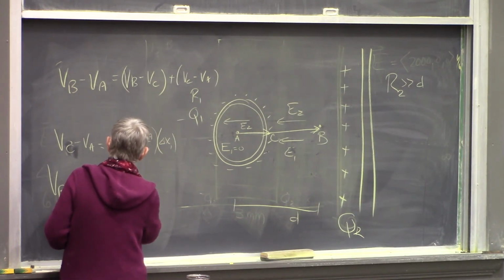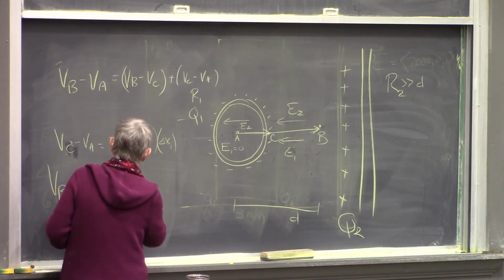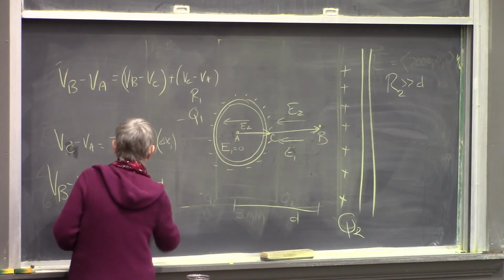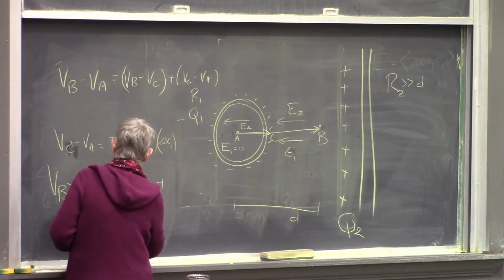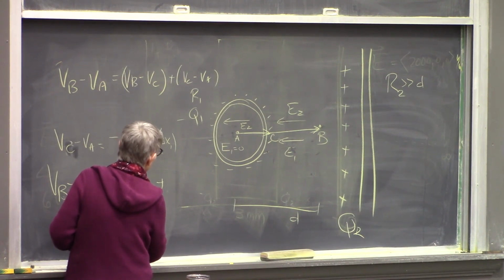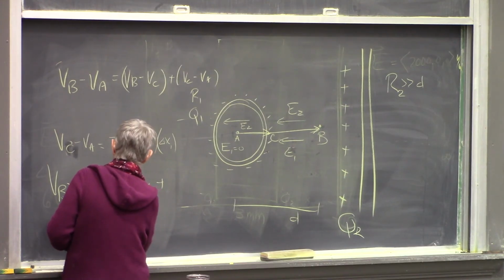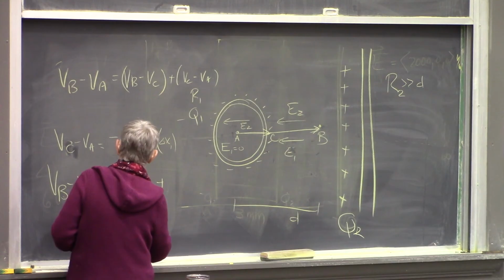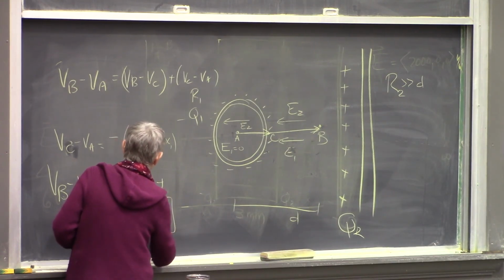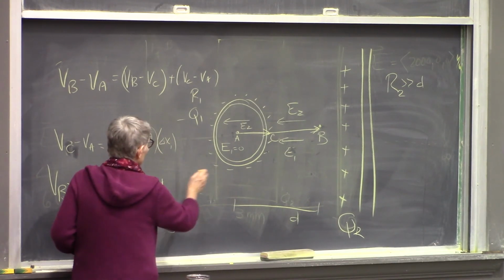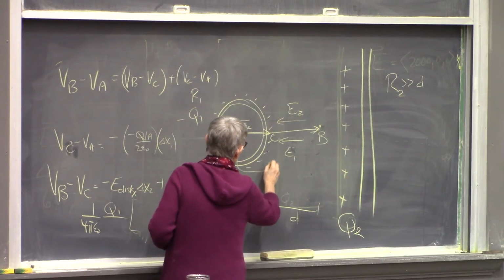So E disk x delta x2 plus the Q of the sphere, which was Q1, 1 over 4 pi epsilon 0 Q1 from whatever this distance is here.